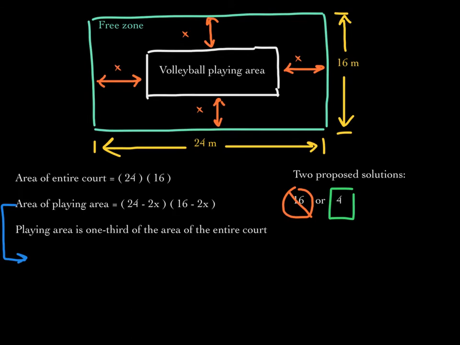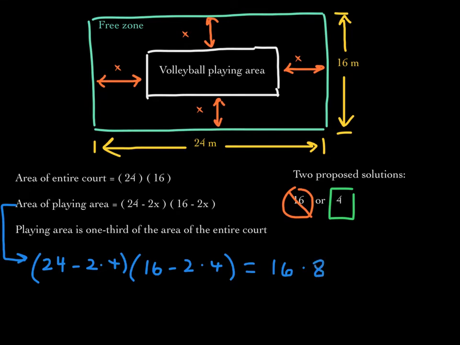If 4 meters is the width of the free zone, that would make the area of the playing area 24 minus 2 times 4, and then times 16 minus 2 times 4 as well. Basically being 24 minus 8, which is 16, times 16 minus 8, which is 8.